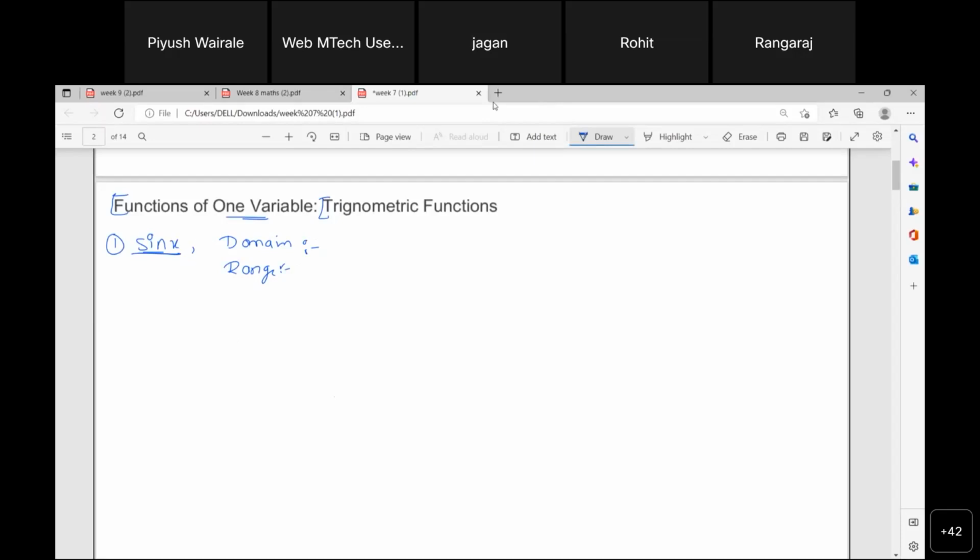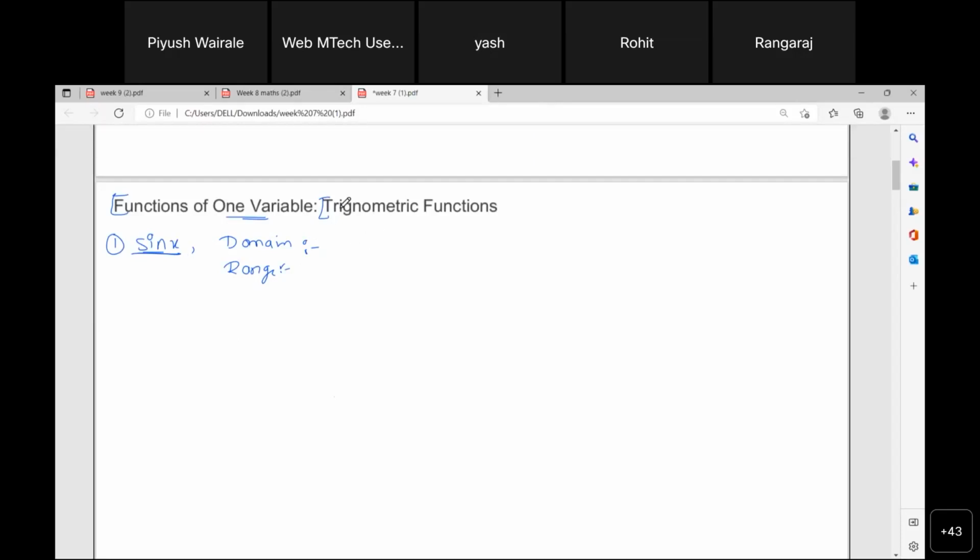The domain is R and the range is -1 to 1. So the domain is R, that is, I can take values from -infinity to infinity, and the range is from -1 to 1, right?